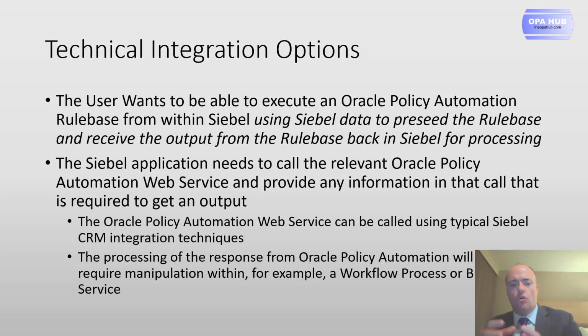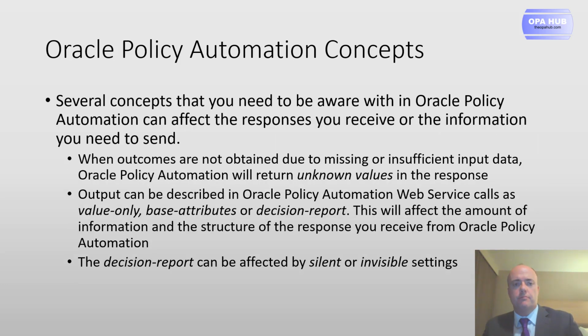So we're going to be able to call that and pass a lot of data to OPA at the same time. Which means that you're probably going to do a lot of this in workflow processes, maybe even write some business services to help you along the way. So this one is typical Siebel CRM integration.